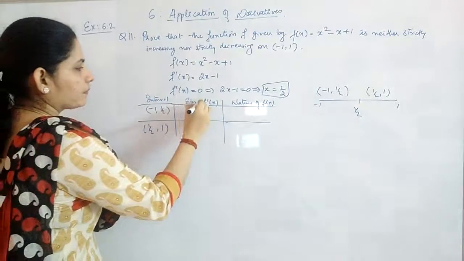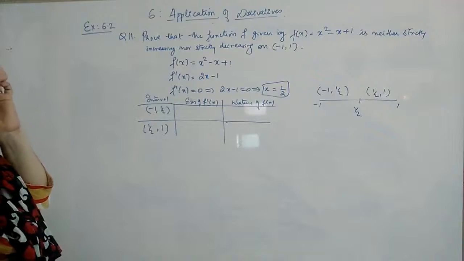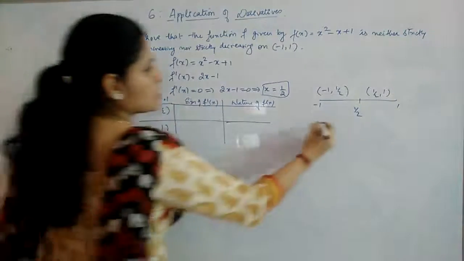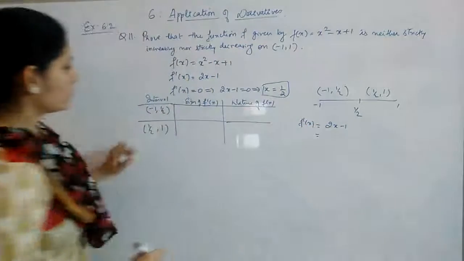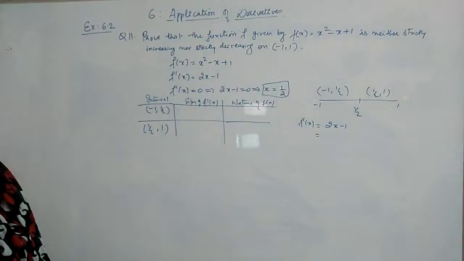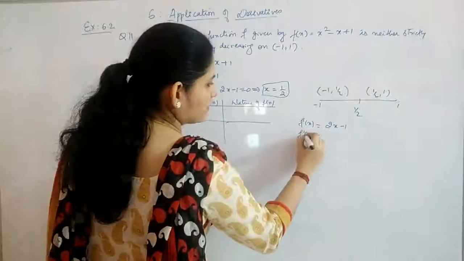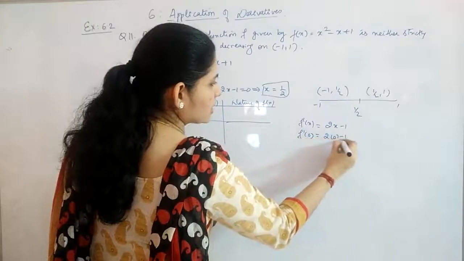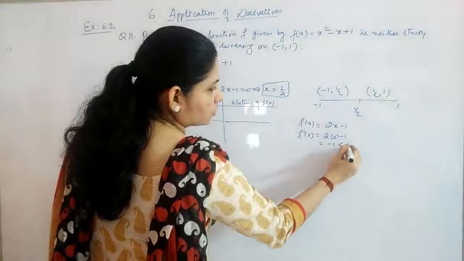Okay, take a value in between minus 1 and 1 by 2 for your f dash of x, which is 2x minus 1. We are replacing any value in between minus 1 and half. What can you choose? You can choose 0. So you will have f dash of 0 as 2 into 0 minus 1, which is giving you minus 1, which is less than 0.